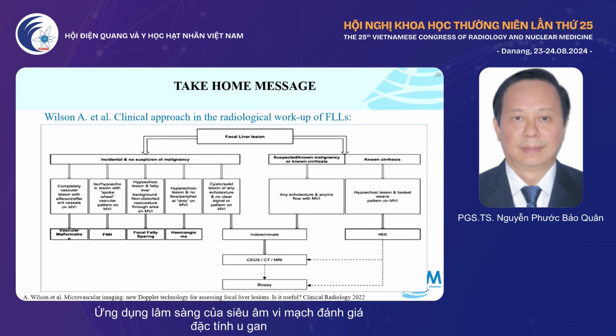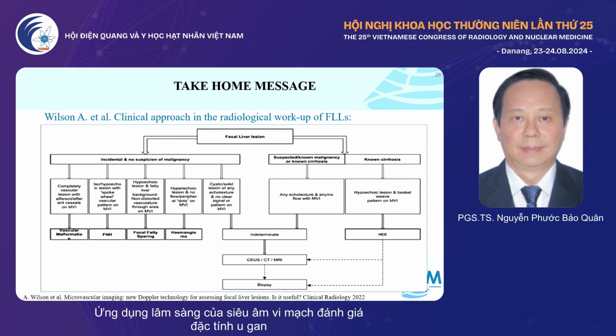So, take-home message, we can have two situations. The first situation is the case of an incidental lesion or no suspicion of malignancy: when you can see a specific pattern, you can diagnose it. For example, when we see the spoke-wheel pattern, we can diagnose FNH.